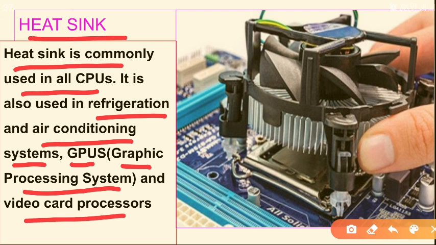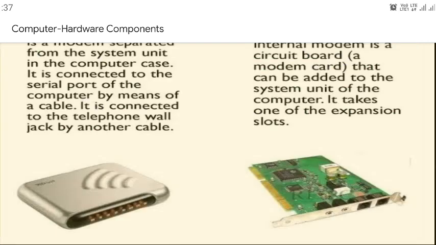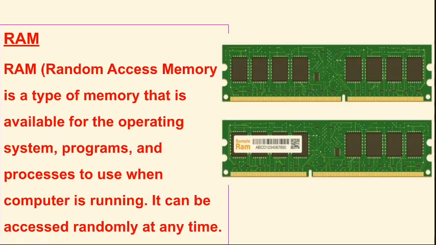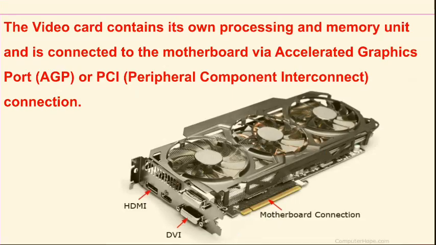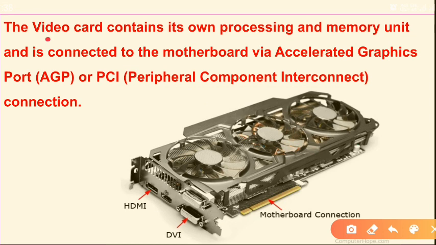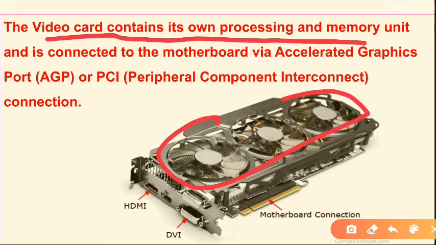You have studied that video cards or graphics cards also have their own processor or CPU. You studied it in the previous lecture. See, over here, I'll show you. Here you studied that some video cards contain their own processor. So this is the heat sink.